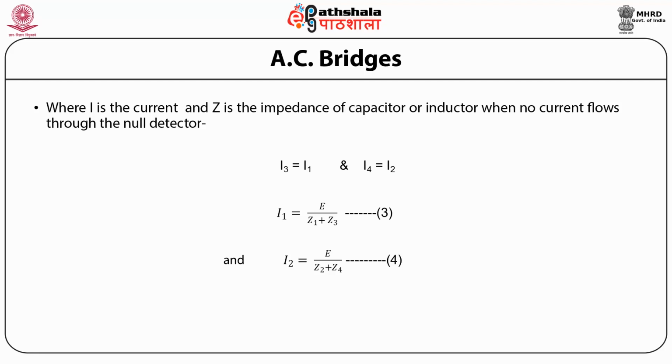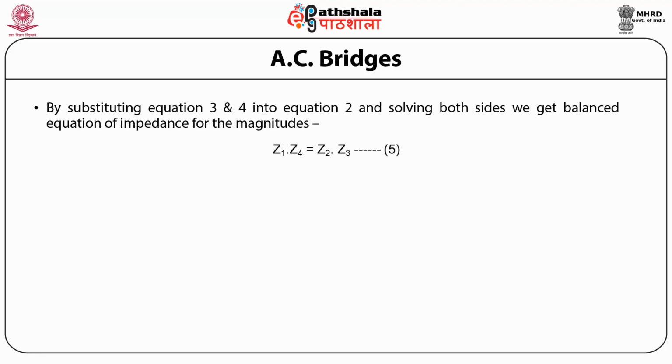This is equation 4. By substituting equations 3 and 4 into equation 2 and solving both sides, we get the balance equation of impedance for the magnitudes: Z1 dot Z4 equals Z2 dot Z3.